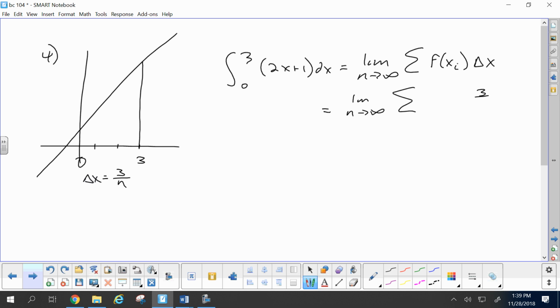So far, so good. F then would be the height at, so first F would be 1 times 3 over n. The next height would be 2 times 3 over n. The height next would be 3 times 3 over n. So generally, it's F at some multiple of 3 over n. And we would take it from the first rectangle to the last rectangle, which is the end.